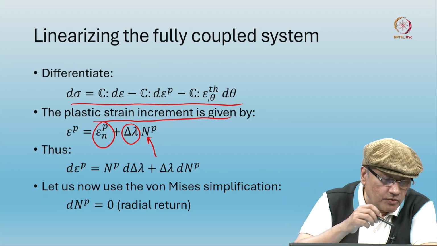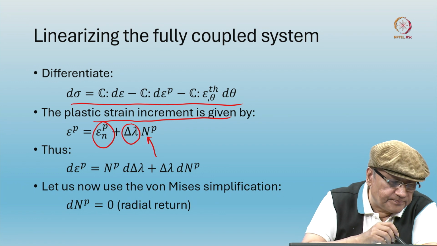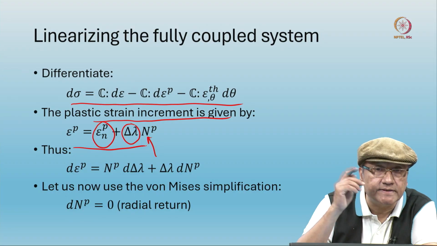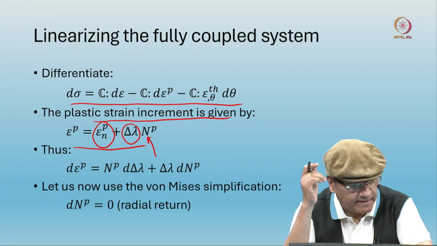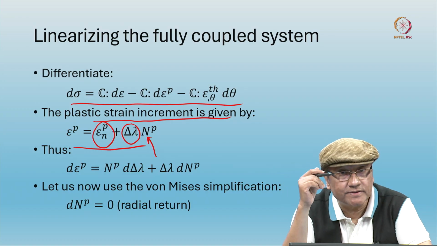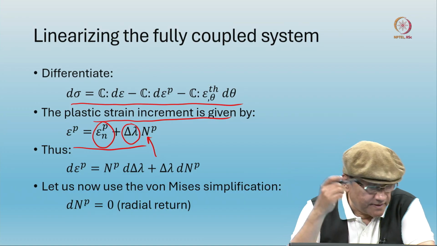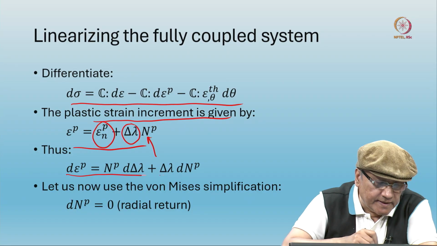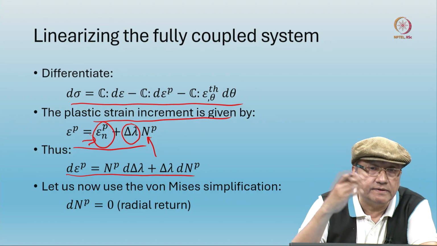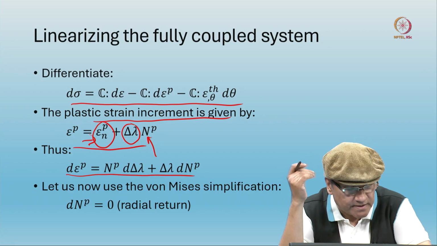Now you can see from this expression that if I take the differential, again we are dealing with linearization, so we have to take differentials everywhere. So d epsilon p is given by, because this part is known, so there is no d applied there, that is fixed.